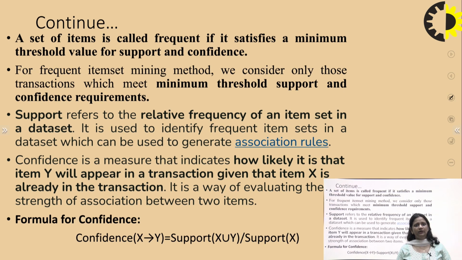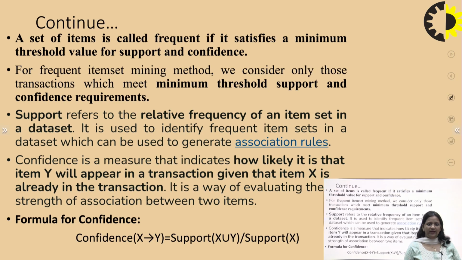For the support and confidence, there should be a minimum threshold value, and each frequent item set must satisfy these minimum values. For frequent item set methods, we consider only those transactions which meet the minimum support threshold and confidence requirement.